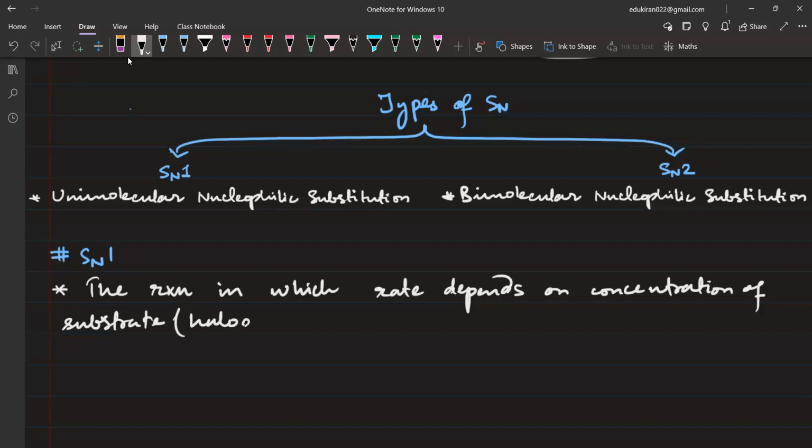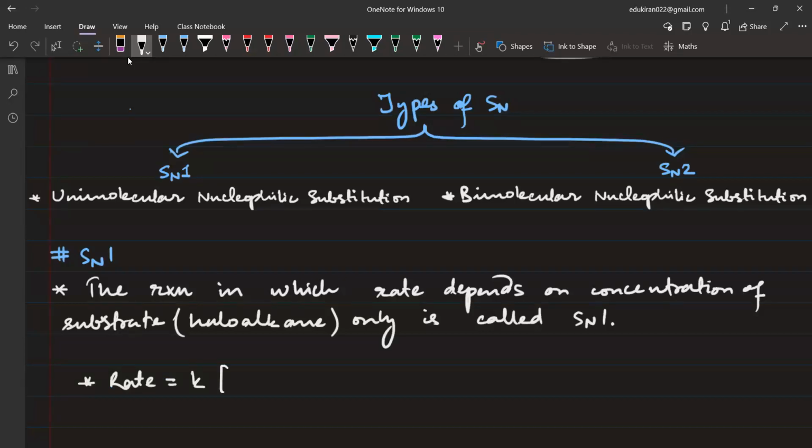Substrate means haloalkane. Only is called SN1. The rate will be equal to the rate constant K multiplied by the concentration of haloalkane. Right. So here the order of reaction is 1, and molecularity is also equal to 1.